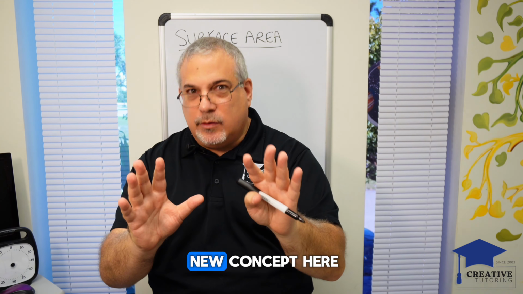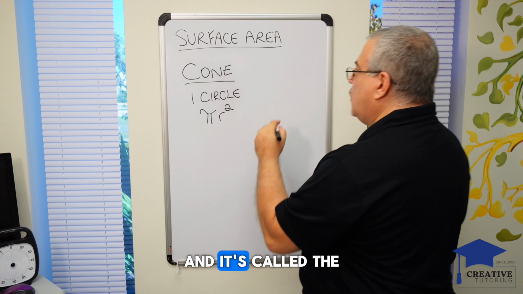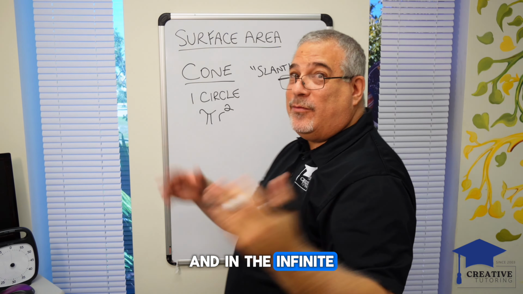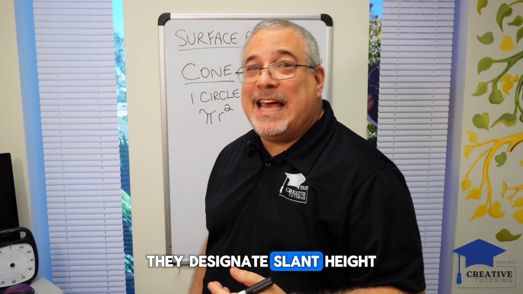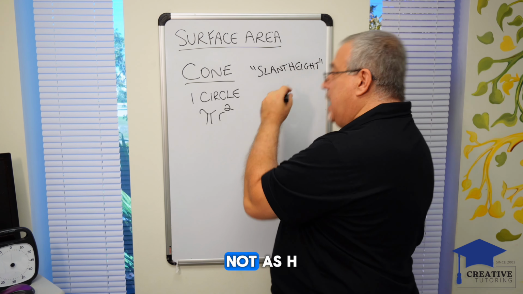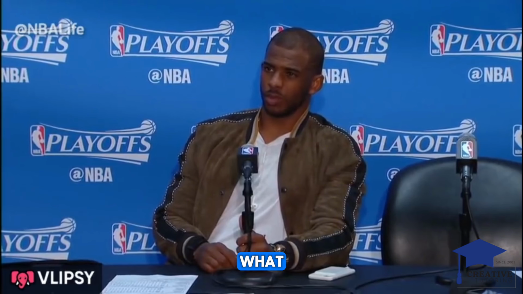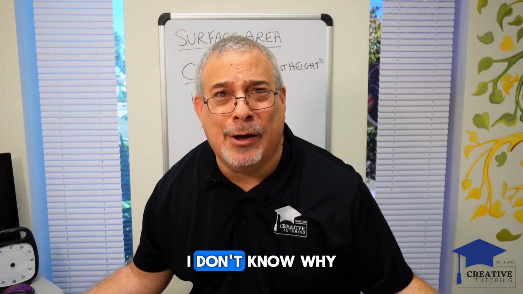And there's a new concept here, and it's called the slant height. And in the infinite wisdom of math people, they designate slant height, not as S, not as H, but a script letter L. What? I don't know why.